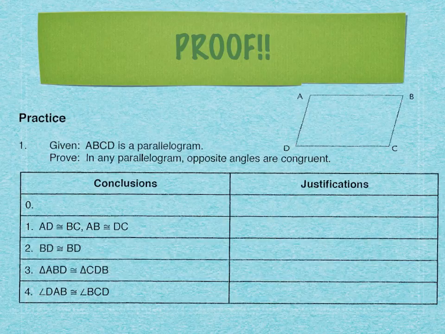Okay, so what I want to do here is I'm given this parallelogram ABCD, and I'm told that it is a parallelogram. So that tells me that my opposite sides are parallel. These are parallel to each other.